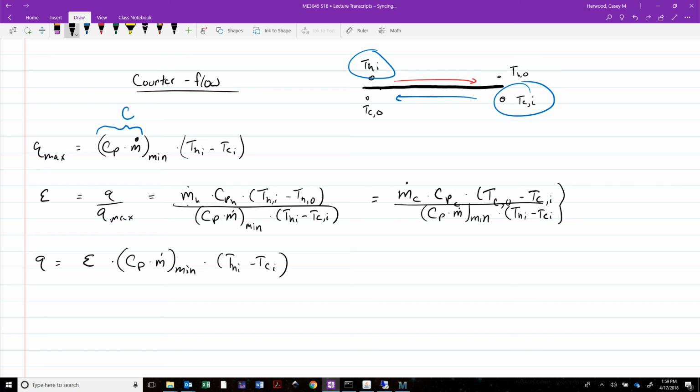So the real key here, and what we're not sure yet, is how to find this effectiveness parameter, epsilon.